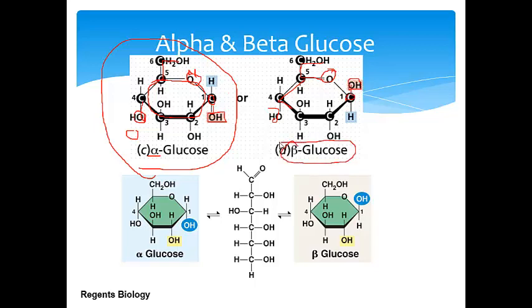So you've got to be able to look at a picture and tell the difference between alpha and beta glucose because it matters when we're looking at the polysaccharides. Alpha glucose is used to make starch, and beta glucose is only used to make cellulose. Starch and cellulose.